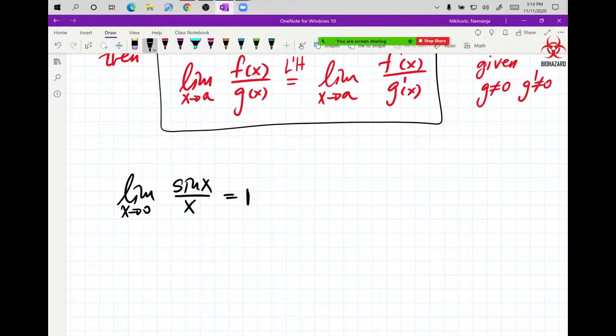I asked you to trust me on this, and I said, wait for chapter 4 and I will show you. Well, we are at that lesson. So now, a limit of sine x over x is equal to what?